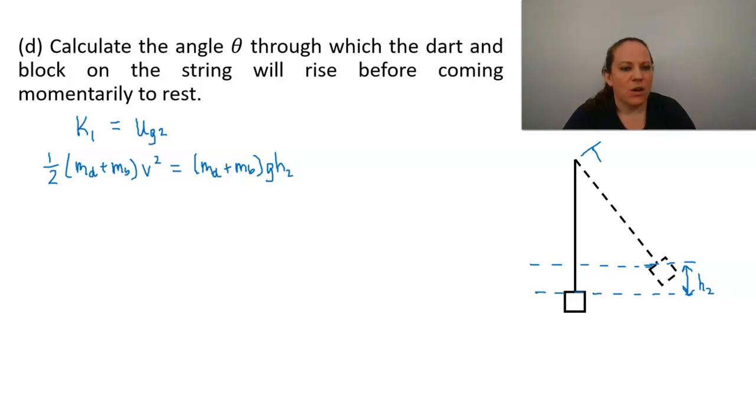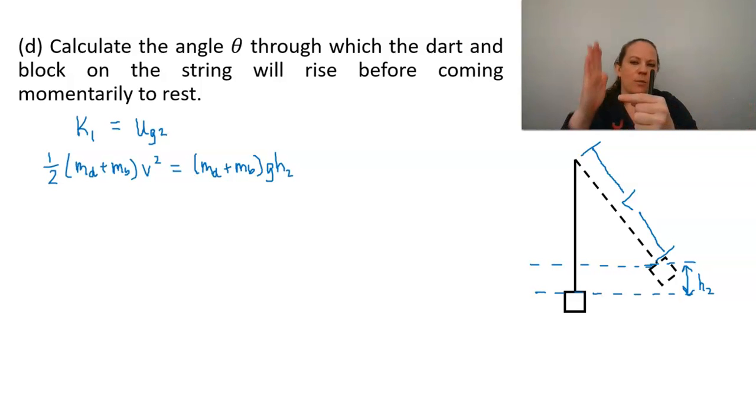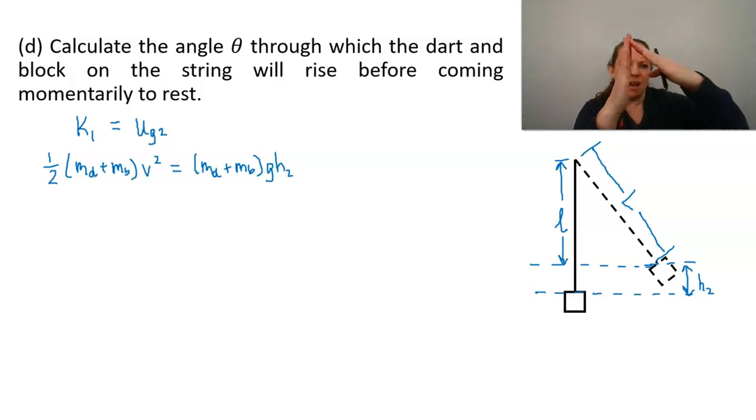We're going to notice that over here, this dashed line is going to be the length of the string, and that is looking like a hypotenuse, and then this dashed line comes across, and we have a vertical piece that is like part of the string when it's vertical. I'm going to call that little piece lowercase l. And now we're starting to look like capital L and lowercase l, and this other little piece are forming a right triangle. And in here is going to be the angle theta to which the dart and the block on the string rise.